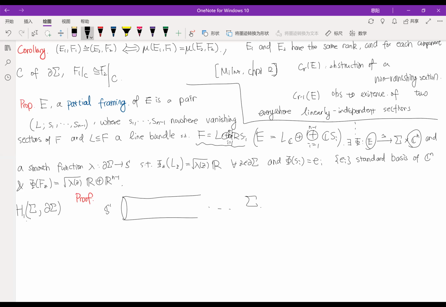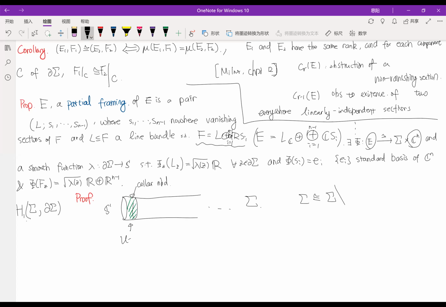So if we have such a partial framing, then because near any D sigma we always have a collar neighborhood, and when we omit this collar neighborhood, we obtain that sigma should be diffeomorphic to sigma.